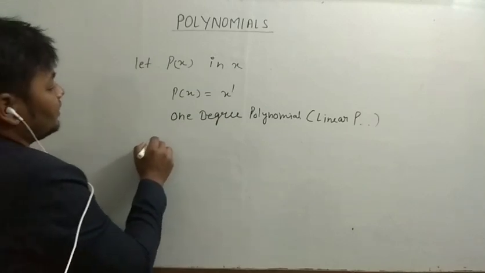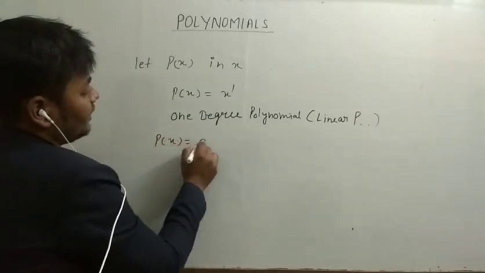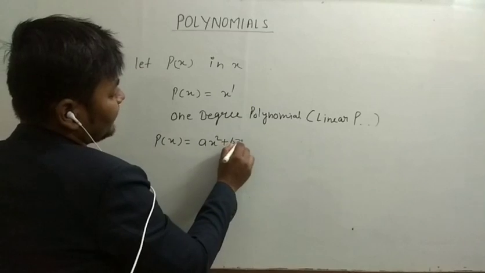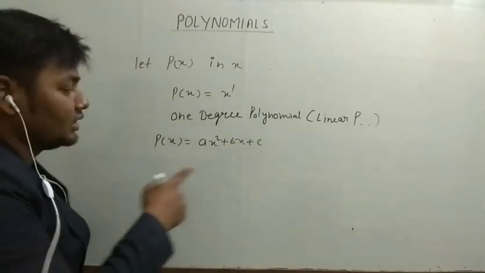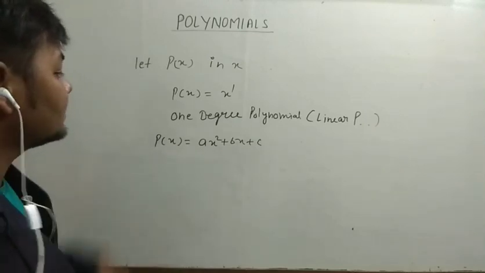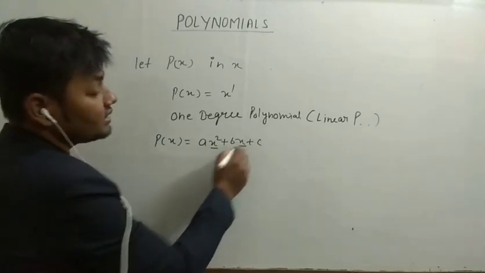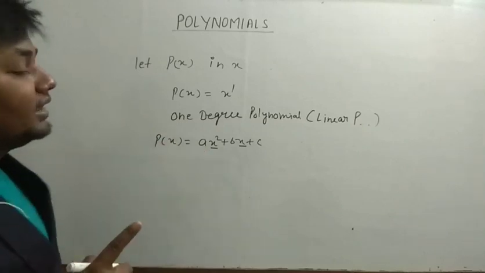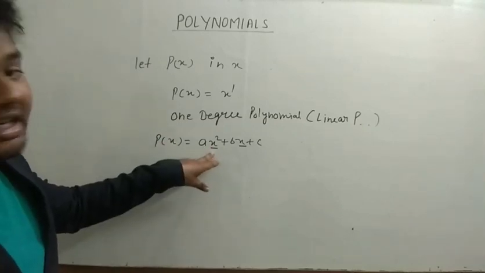Now the next thing: p(x) is equal to ax squared plus bx plus c. I'm taking a general equation here. In this case, as you can see, this equation has one variable, but the degree is 2. The highest power of the variable is 2.